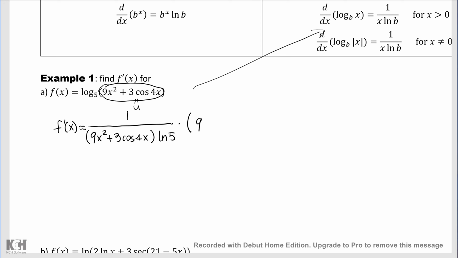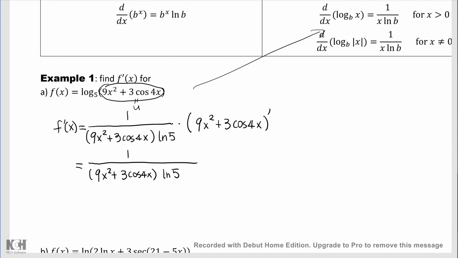So u prime is the derivative of 9x squared plus 3 cosine 4x. Okay, remember each step, we only do one thing. So continue to the next steps. Here we just copy it down: 9x squared plus 3 cosine 4x, ln of 5.